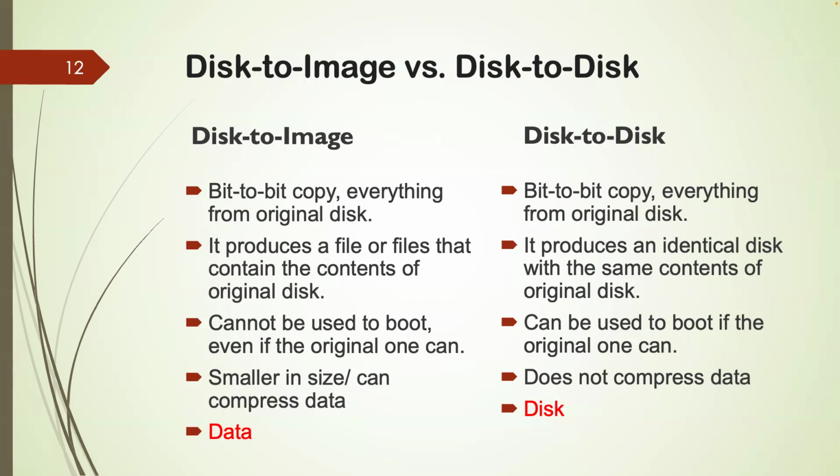Whereas with disk to disk, it is a compulsory requirement that the hard drive on which you want to copy the data has to be at least the same size or larger, otherwise you won't be able to copy bit by bit. So this is another advantage that we have with disk to image type of copying.